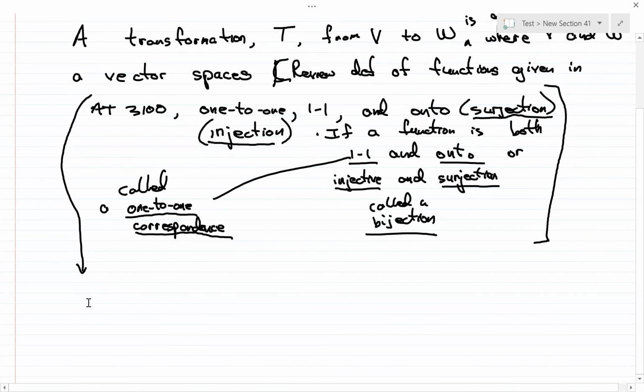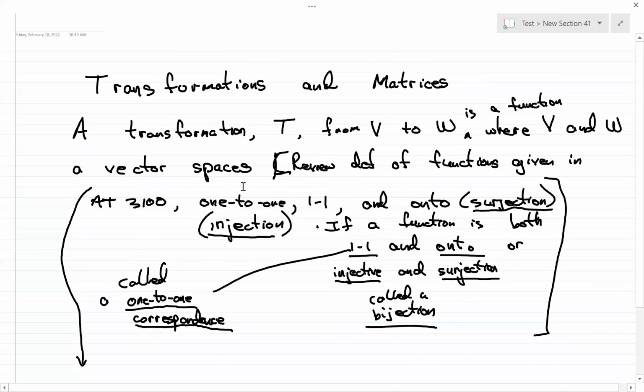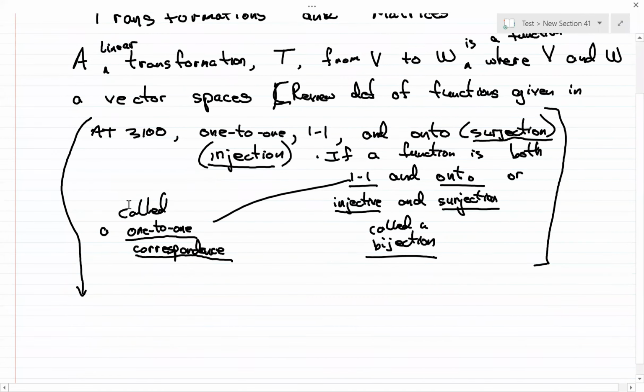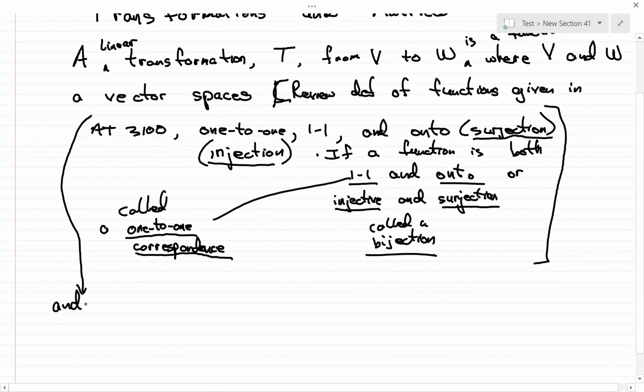And this is on page 65. It has to have two properties. So the two properties that you need to call it a transformation, and actually they call it a linear transformation, which I sort of like. So let me go back: a linear transformation T from V to W is a function where V and W are vector spaces, and these two properties hold.